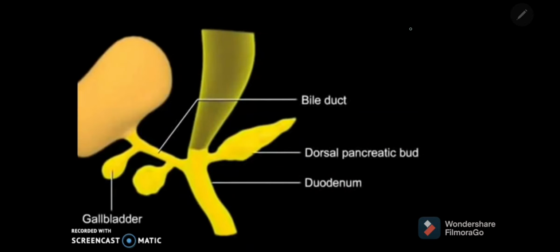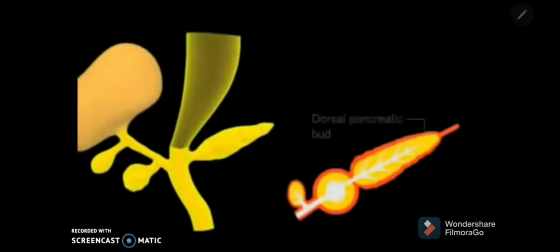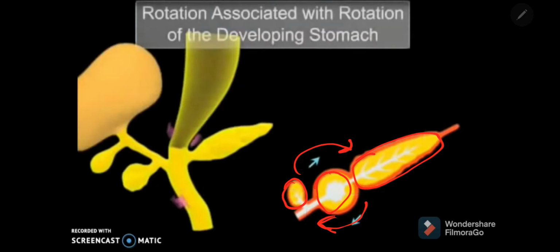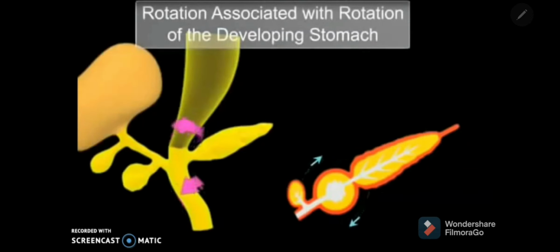From the dorsal pancreatic bud, you have the upper part of the head, neck, body and tail. Here in this horizontal section, you can see the ventral pancreatic bud, dorsal pancreatic bud, duodenum, and this will rotate, due to axial rotation in the development of the duodenum. So you can see there, rotation happens, and the ventral bud fuses with the dorsal bud.